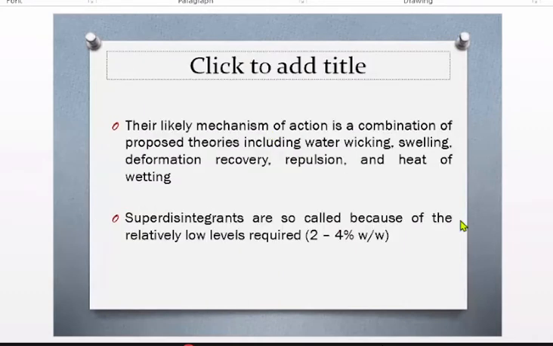Super disintegrants are called so because of the relatively low levels of these disintegrants required. If you look at starch, you need something between 5%, sometimes even 10 to 15%, as we saw earlier. But with these, you can use as low as 2 to 4% weight per weight.